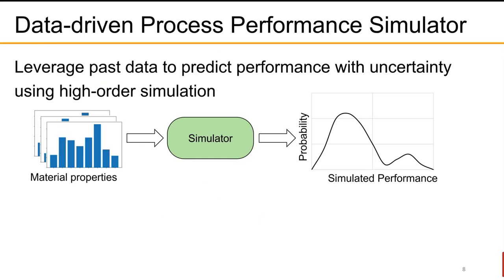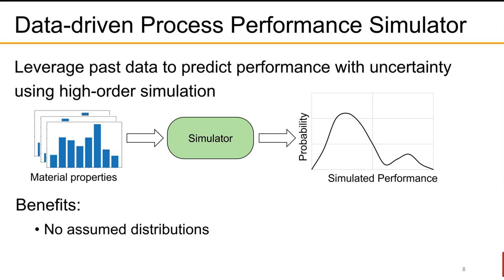What it can give us is a prediction of performance that has variability and uncertainty included in the resulting prediction. So any sort of deterministic method like a regression would not be able to give you that, even though we know that these results in reality can be quite variable.